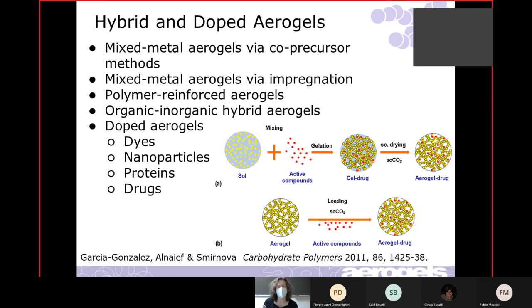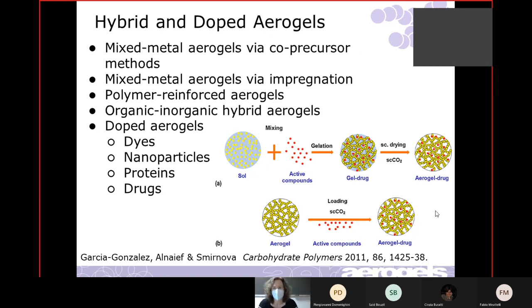They're using supercritical CO2 drying to make an aerogel drug mixture and then pulling the drug out. Or they can do it a different way. They can make a silica-based aerogel, for example, which is very porous, and then they can add the drug in supercritical CO2. So dissolve the drug in supercritical CO2 and load it into an already prepared aerogel for subsequent delivery.